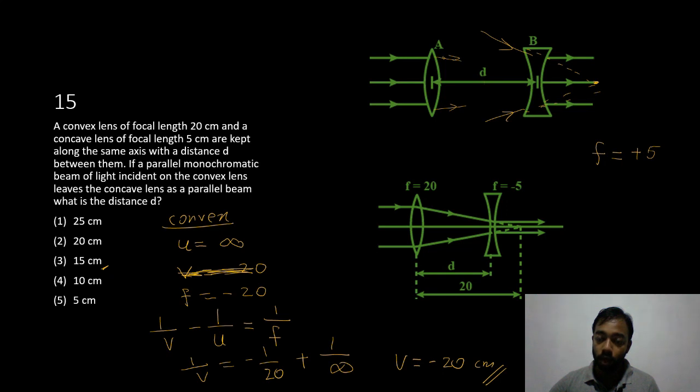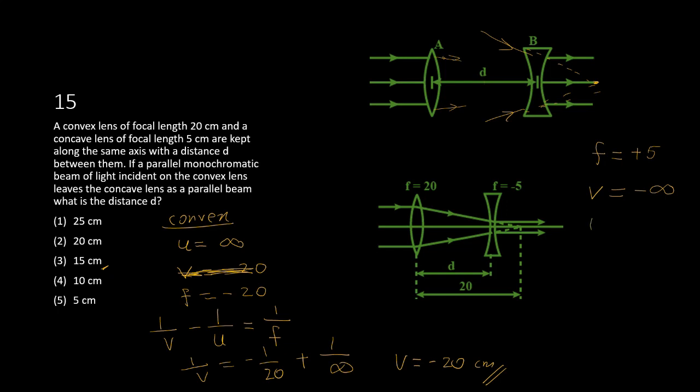If the emerging rays should be parallel, the image will be formed at infinity. So the image distance will be v is equal to, according to the new Cartesian sign convention, negative infinity.